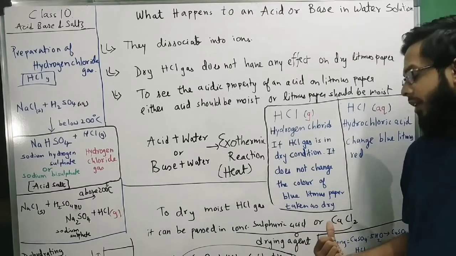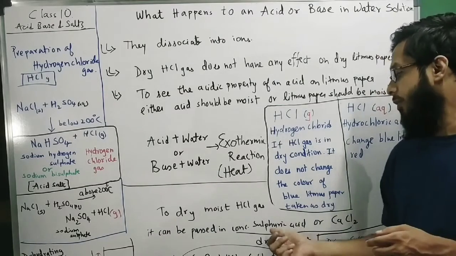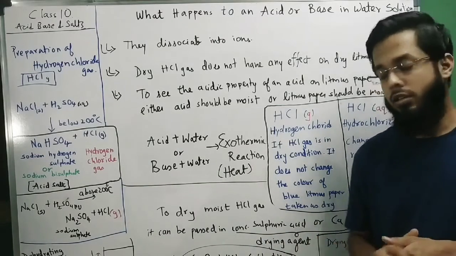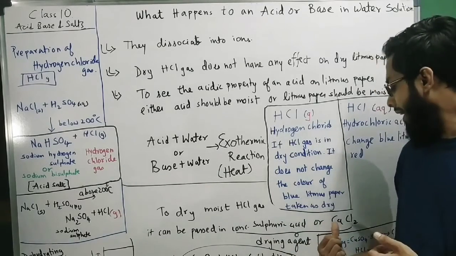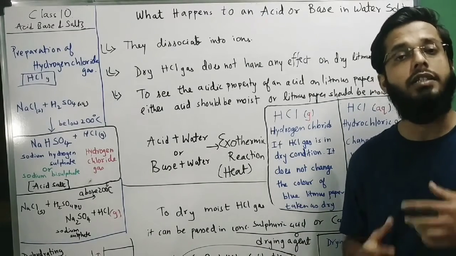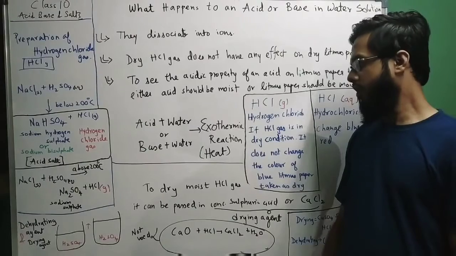Sulfuric acid and calcium chloride both can be used for drying HCl because they don't react with HCl. Sulfuric acid is an acid, so it does not react with HCl. Calcium chloride is an acidic salt, so it will not react.